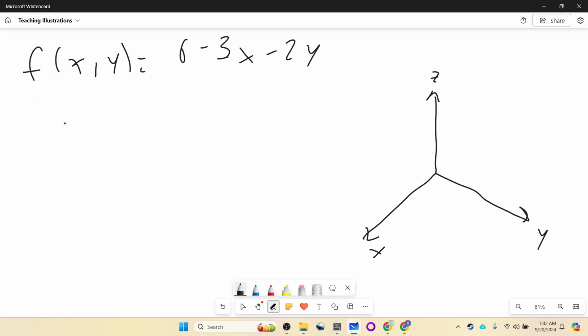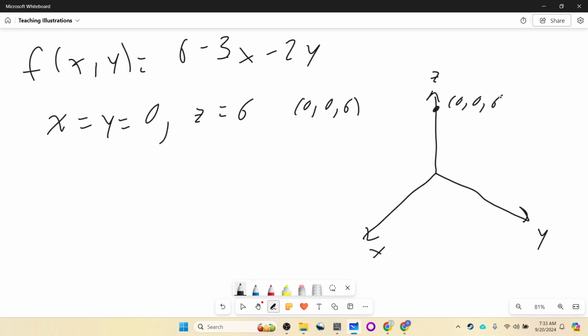So let's say if x and y are both 0, then z is 6. So 0, 0, 6. So this is really z equals 6 minus 3x minus 2y.